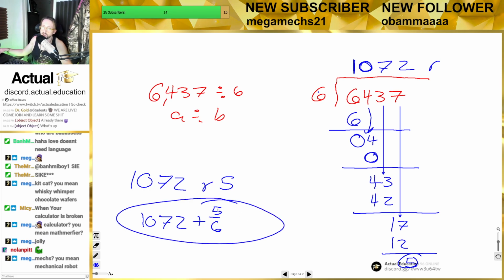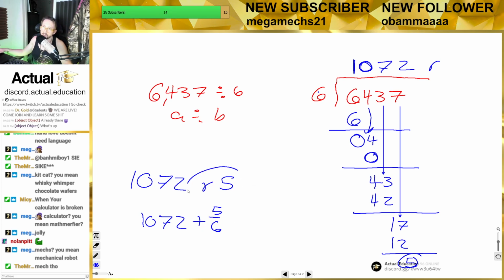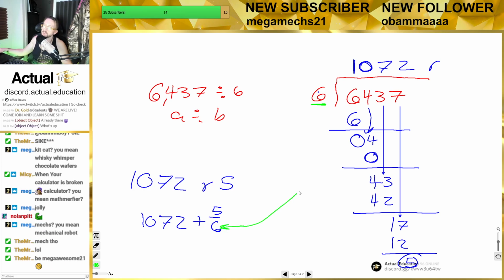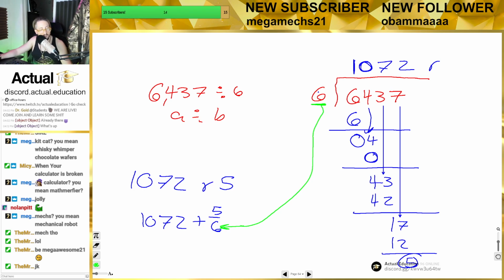This is the full answer: 1072 and 5/6. Remainder 5 means you have 5 left over, but what it really means is whatever the number was plus 5 over 6. Does that make sense? Kind of. I'm getting the hang of this now.